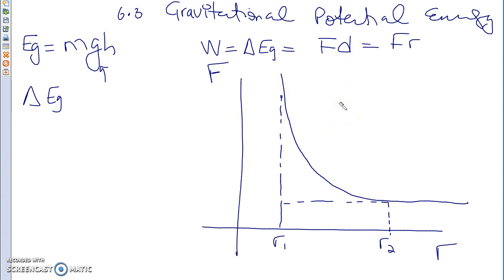The smaller the r, the bigger the force. The larger the r, the smaller the force. So we're going to talk about how we can figure out this area under the graph, because we are literally moving from one point far away to another point closer in terms of universal gravitation, in terms of gravity.